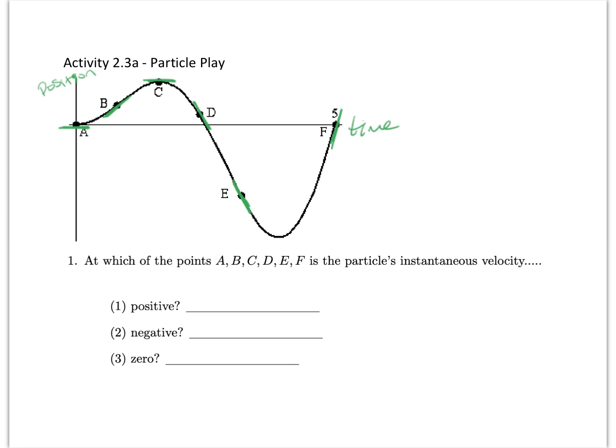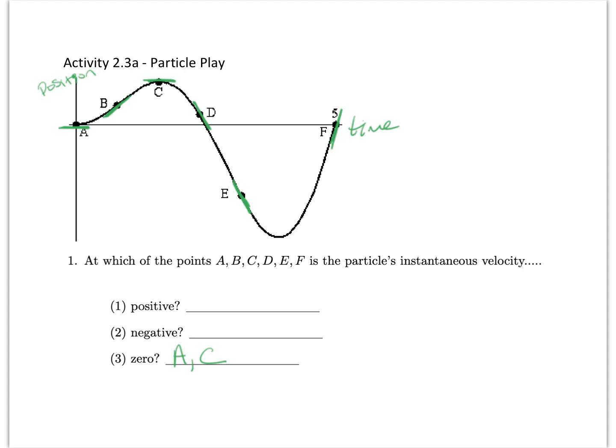I have two places where my instantaneous velocity is 0. Those are the easiest to identify, which is why I usually do them first. So we have A and C. Both look like horizontal tangent lines. So those are places where the instantaneous velocity is 0.